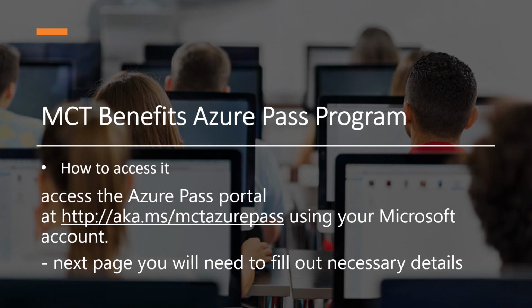Again, that means you're probably going to be using your MCT email account. And then you'll have to fill out the information accordingly. So that's the link. Go there. Don't go anywhere else. I'll leave it up for a second so that you can take a snapshot of it, or however you want to access it. And then you'll know, okay, this is where I need to go to start to take advantage of this particular benefit.